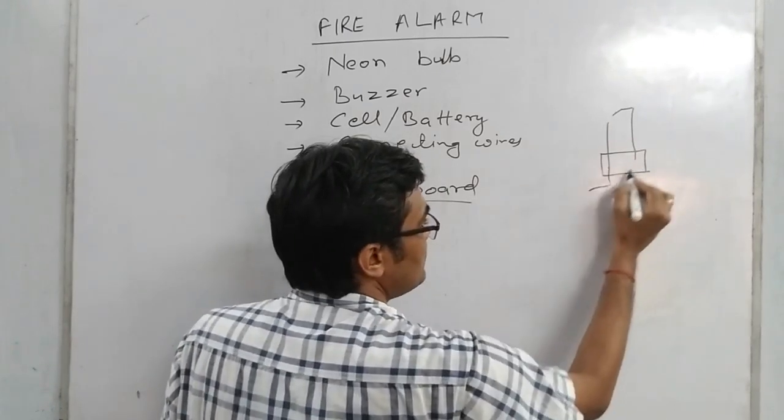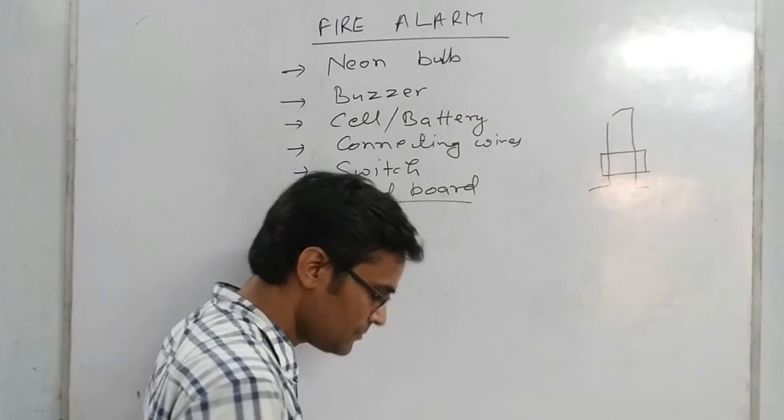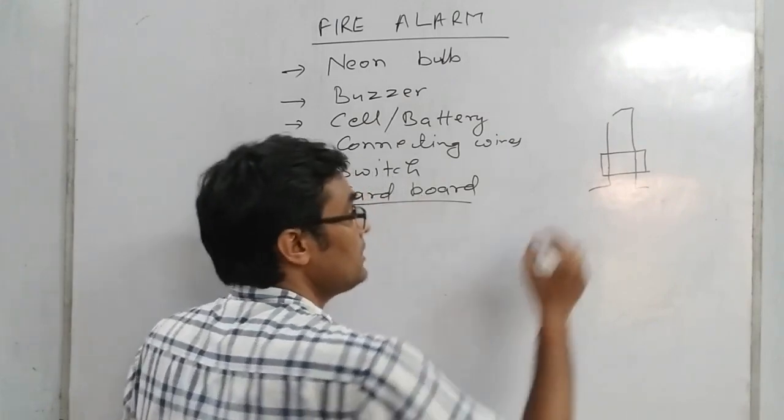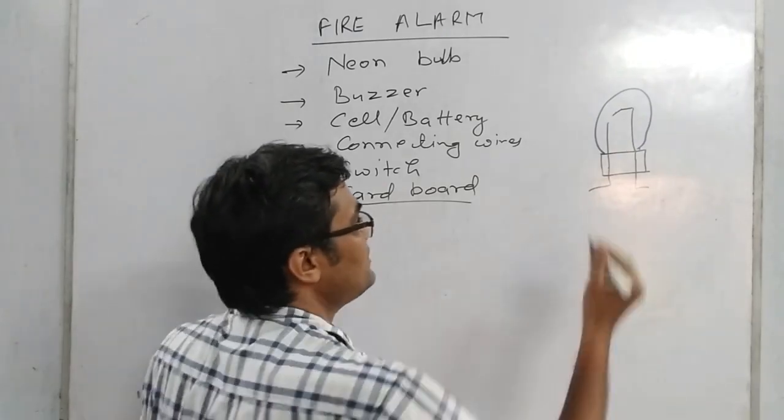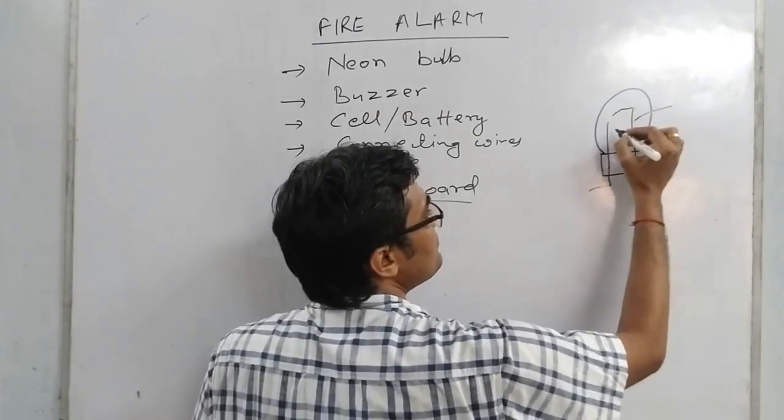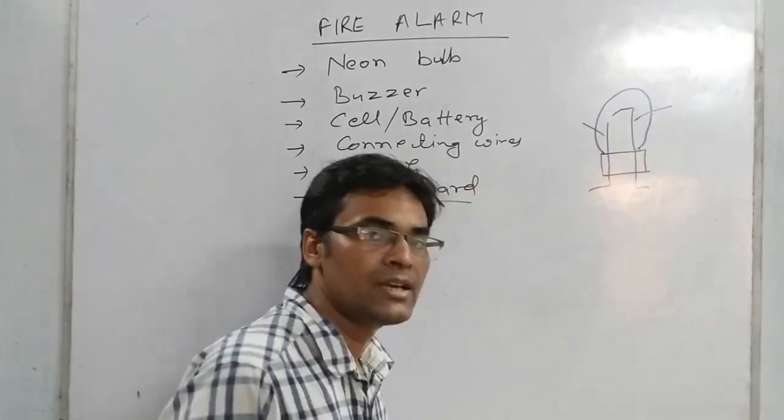These are the terminals of the neon bulb, and these are nothing but the bimetallic strips.